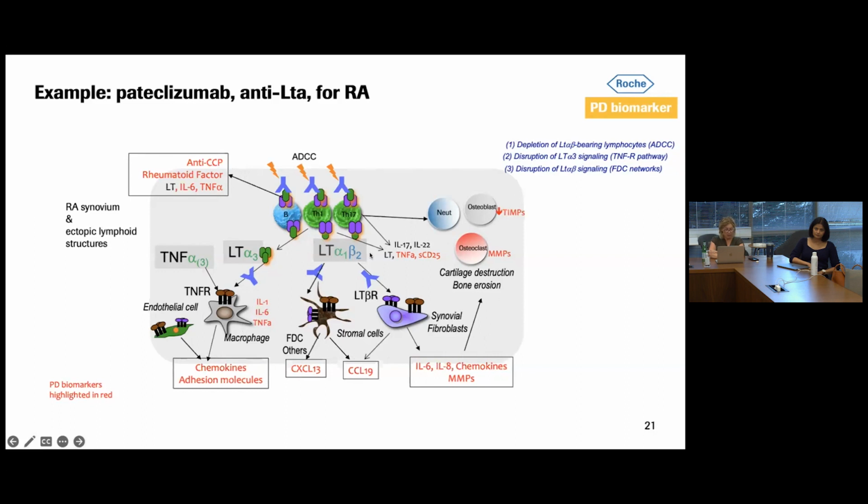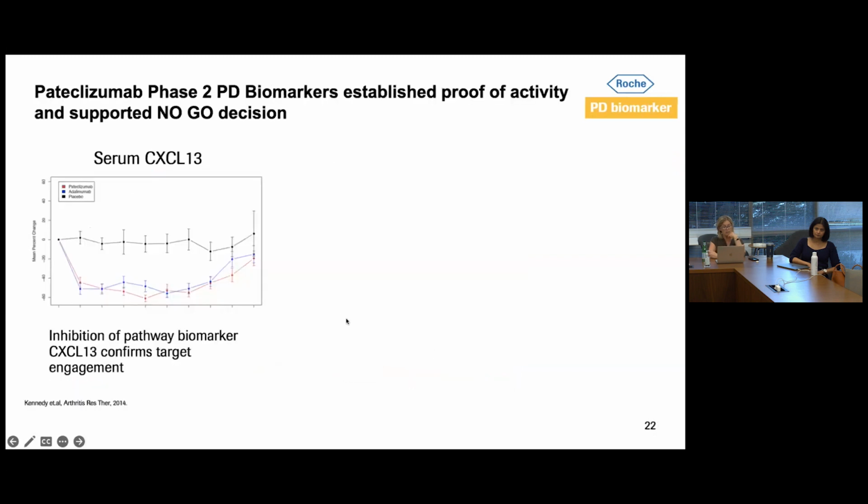Speaking again to the totality of the data, what we found in our phase 2, I'm showing you first one of them, CXCL13. We saw that one of these pathways that we had really established as a key marker for blocking lymphotoxin alpha showed a really nice reduction for this drug, CXCL13.